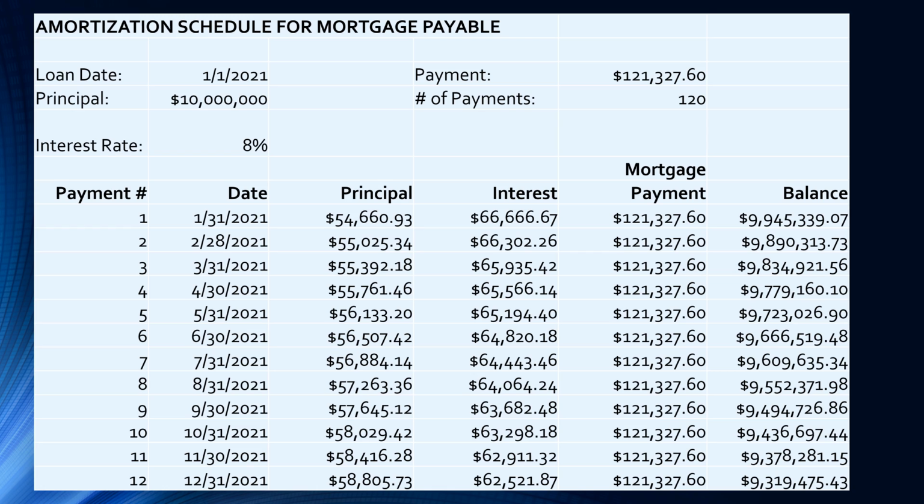So if you look at all of the mortgage payments on this amortization schedule under the mortgage payment column, you'll notice that the amount is exactly the same to the penny. The mortgage payment never changes. The only things that change are the two components of the mortgage payment, which are the principal and the interest.